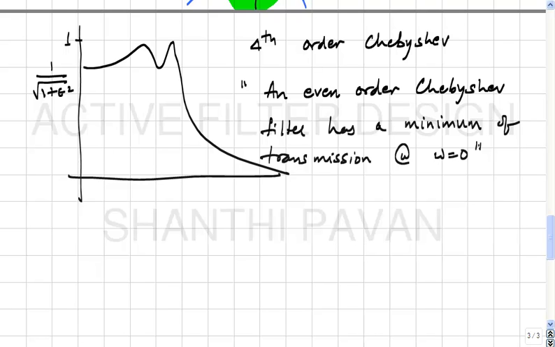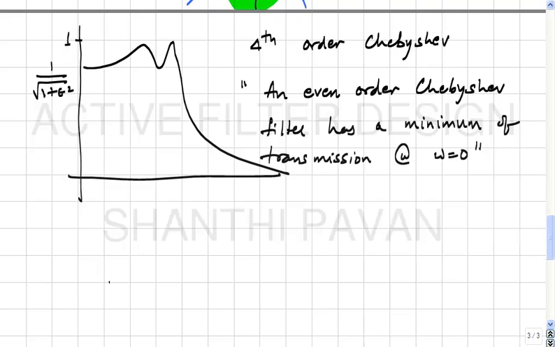It is a maximum of transmission, whereas if it is 1, it is a minimum of transmission. Yeah, plus minus 1, right? You would equate the magnitude to 1. Is this clear?